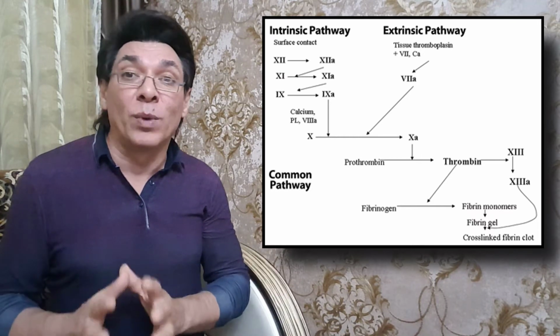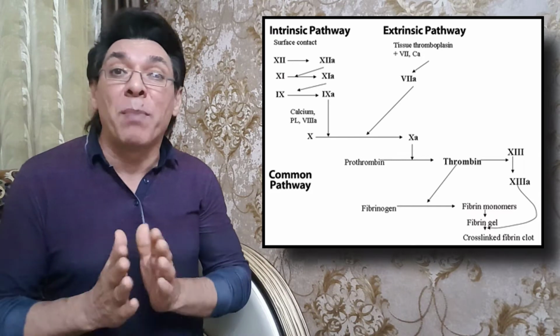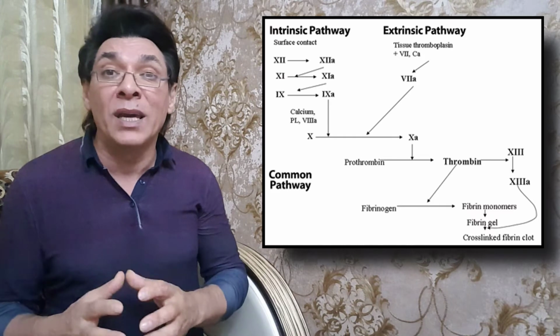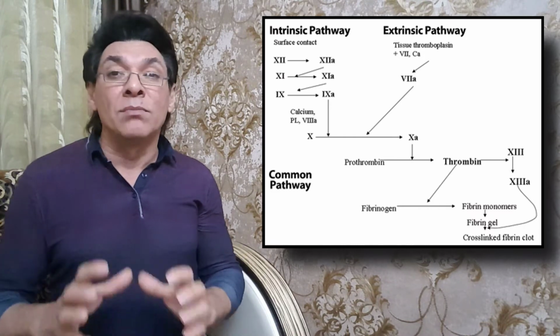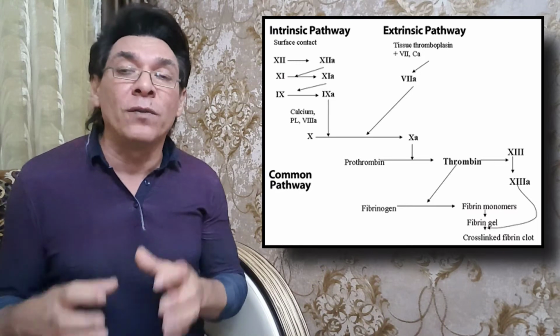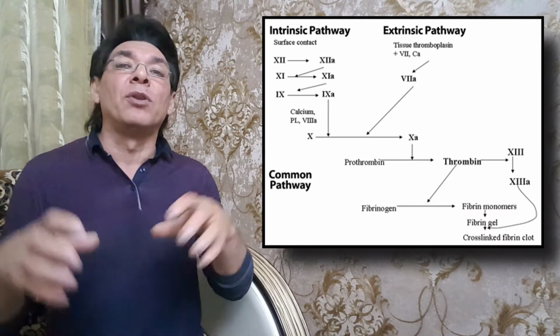Intrinsic pathway. The intrinsic pathway, also known as the contact activation pathway, is longer and more complex. In this case, the factors involved are intrinsic to the bloodstream.